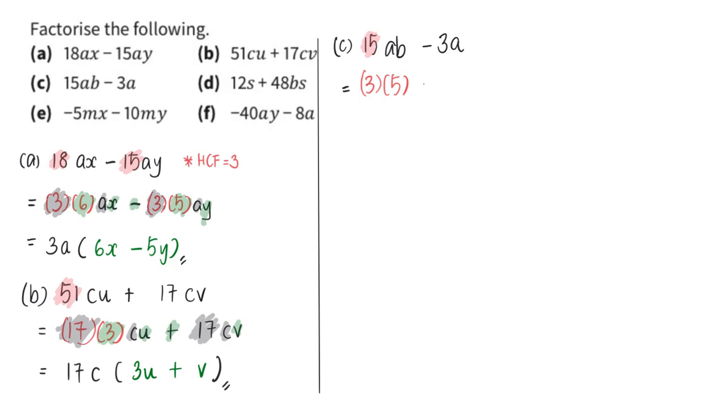I still have my ab minus 3a. Do take note, 3a actually I can rewrite as 3a times 1. Why did Mr. Tan do that? Because Mr. Tan saw that there is a 3 and there is a as the common factor. So that when I take them out as the common factor, I'm left with 5b minus 1.